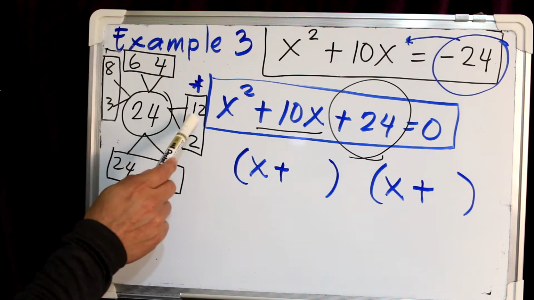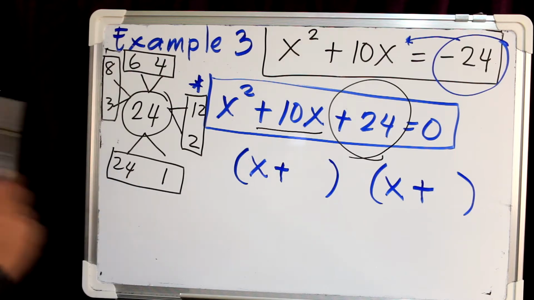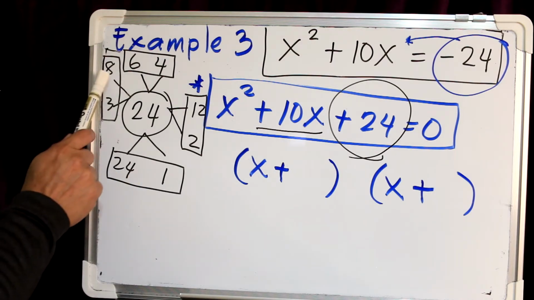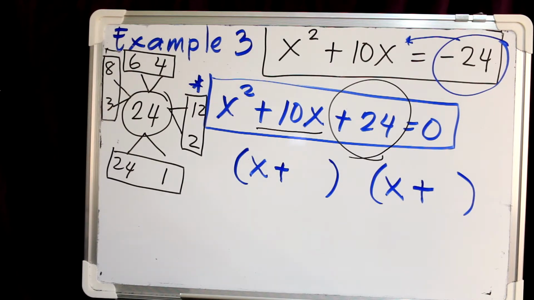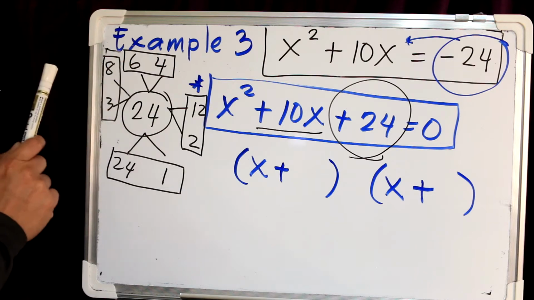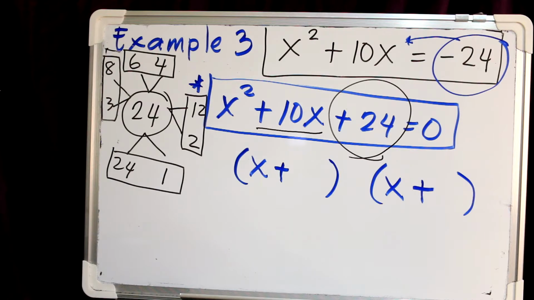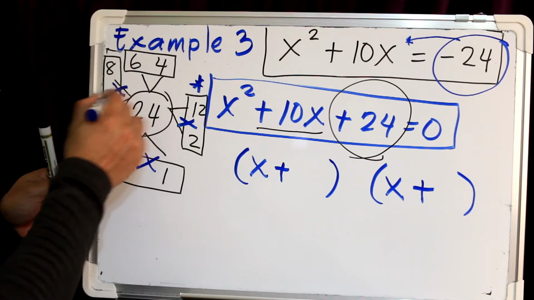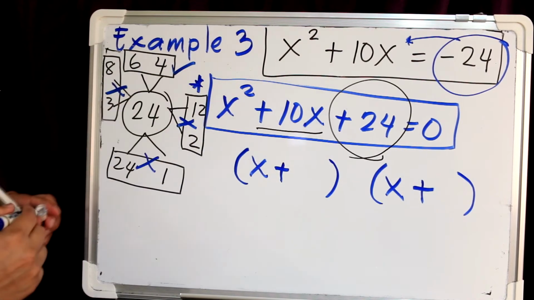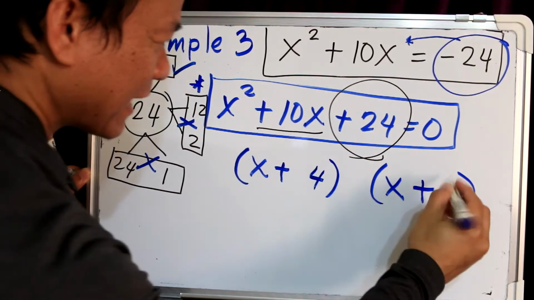For example, 12 and 2 is 14. 24 and 1 is 25. 8 and 3 is 11. But 6 and 4, that can be the numbers that we need to write on those brackets. So we will not use this, not this, not this, this one. So we will write 4 and 6.